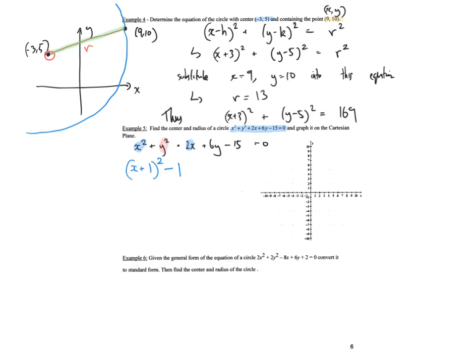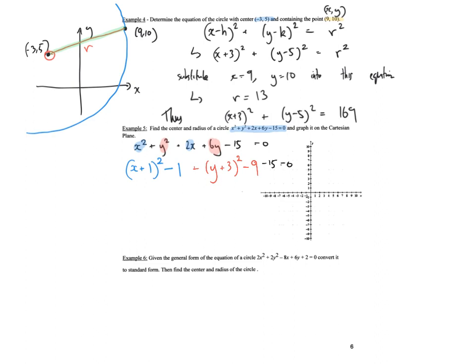We'll do the same thing for the y terms. We have y, I'm going to half that 6 to get a 3. We'll do everything squared. To balance the scales, I'm going to have to subtract off the 9 that 3 squared would give me. And then finally we have this negative 15 that was there to begin with.